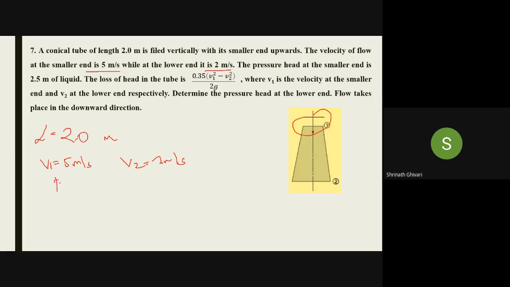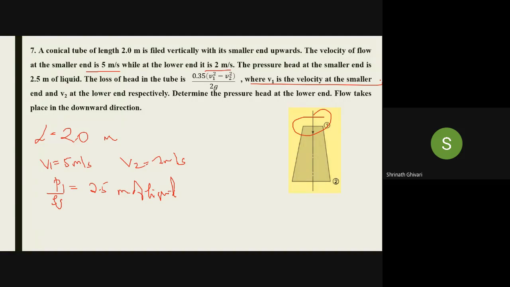Then the pressure head at the smaller end, P1 by rho g, equals 2.5 meter of liquid. The loss of head in the tube is 0.35 (V1 square minus V2 square) by 2g, where V1 is the velocity at the smaller end and V2 is the velocity at the lower end.